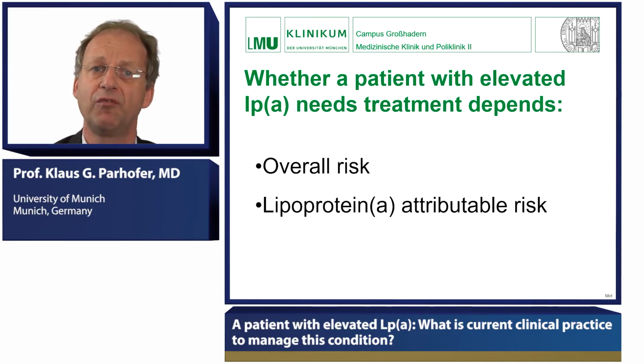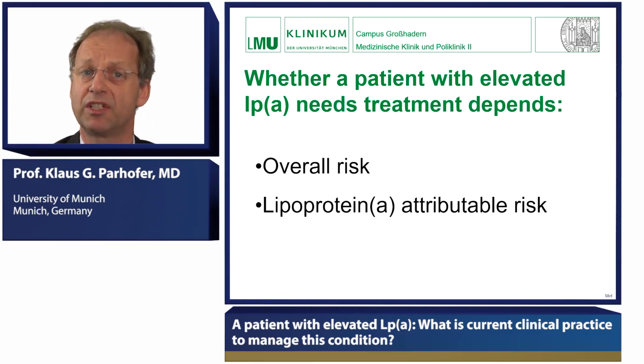On the other hand, if you have a patient whose only risk factor is a severely elevated lipoprotein(a) and who has cardiac disease, then obviously this risk factor, the elevated lipoprotein(a), plays an important role.